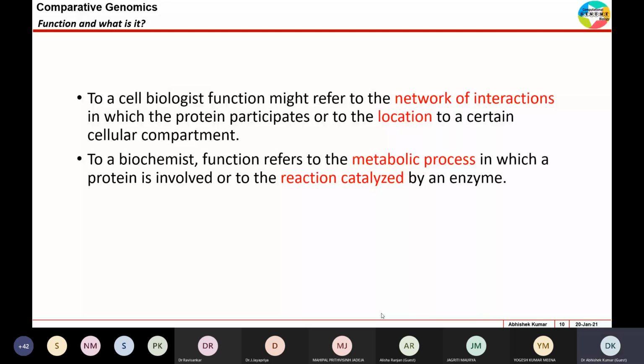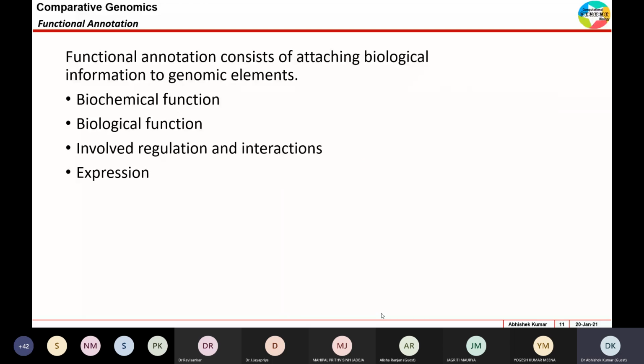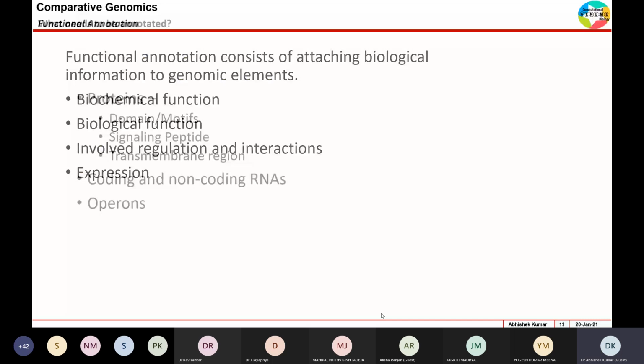So functional annotations can be biochemical function, biological function, regulation, interaction, expression, all sorts of things, which you understand from basic biology will imply together. And then what needs to be annotated? Protein needs to be annotated.